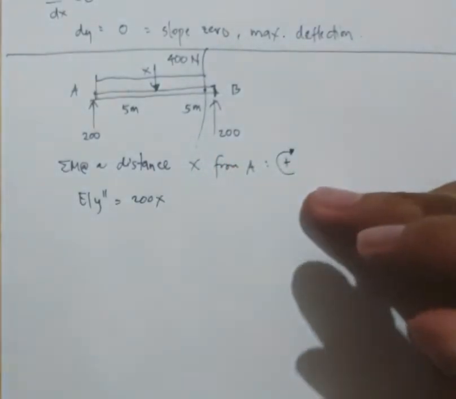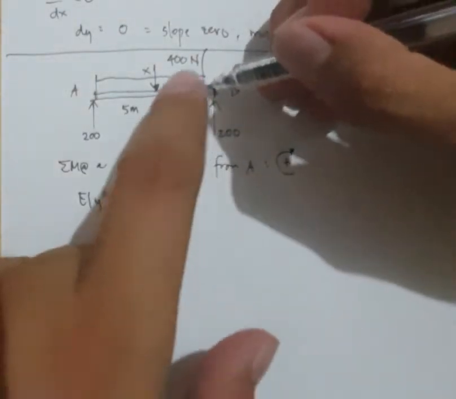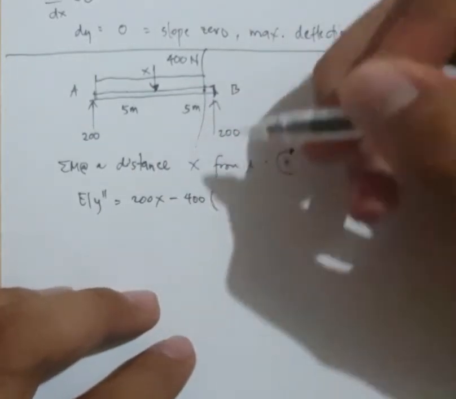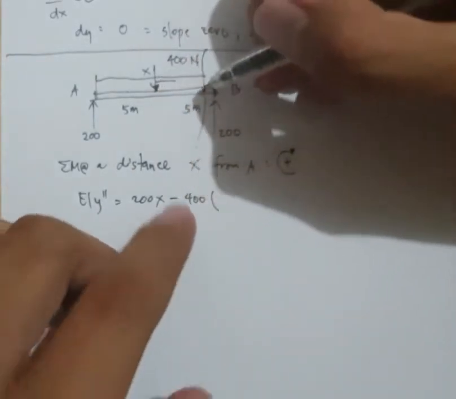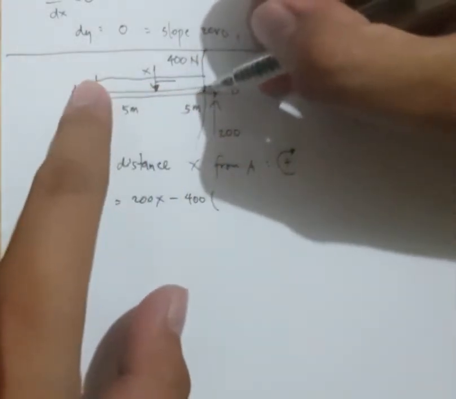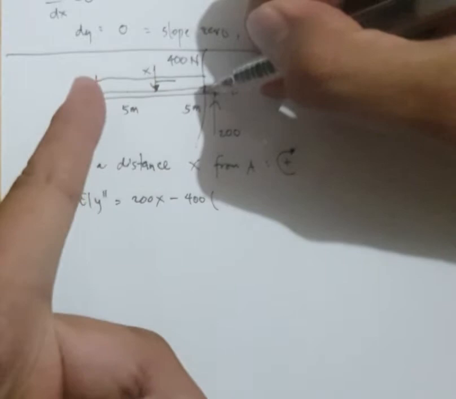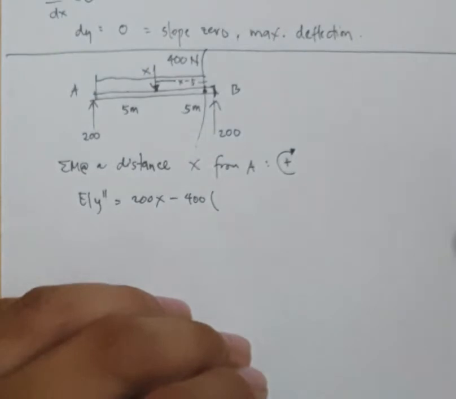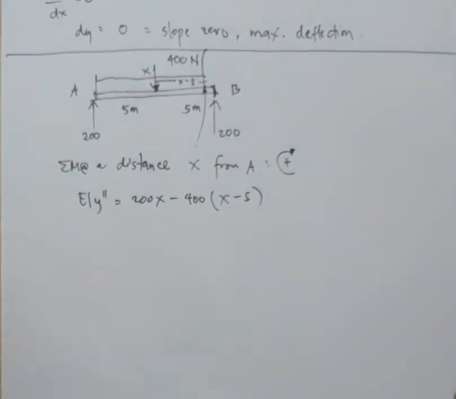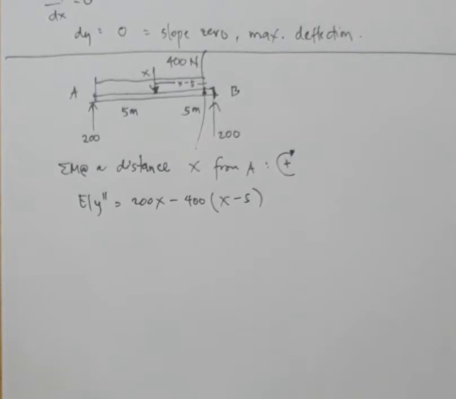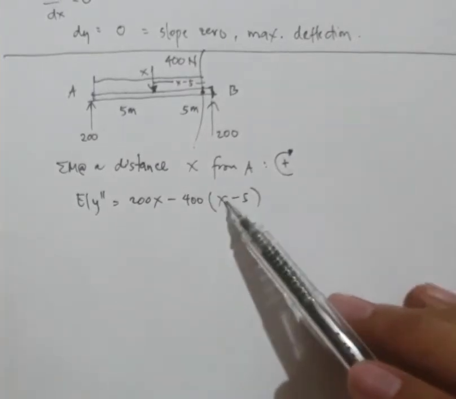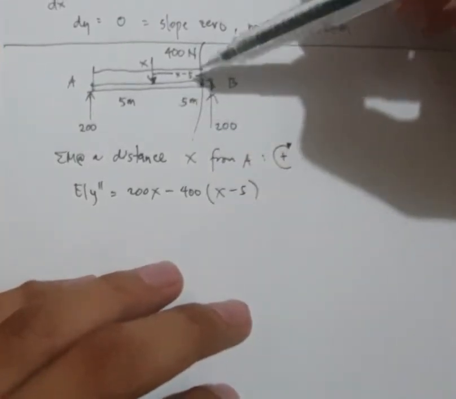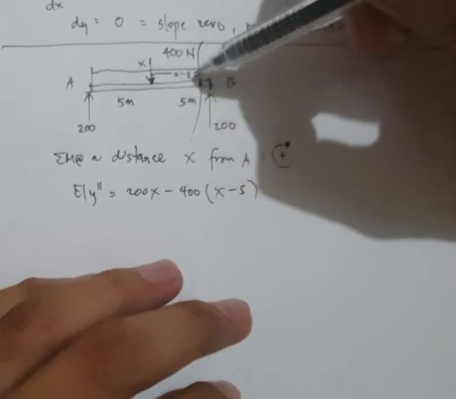200 times x, then minus a counterclockwise 400 times, what is this distance? Rotated from here, that is x minus 5. Take note that this cannot be distributed. Why? The purpose is that the 400 Newton should rotate at x minus 5.